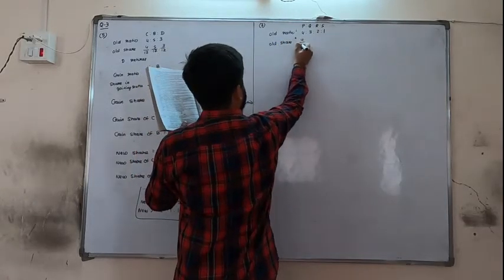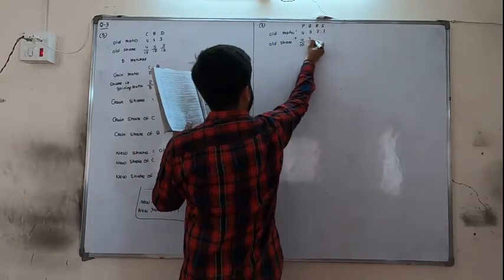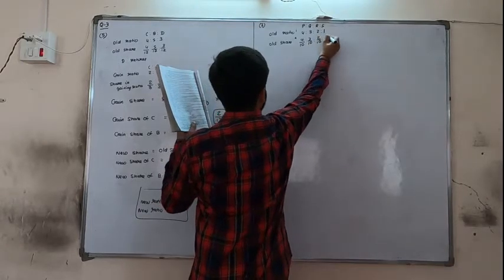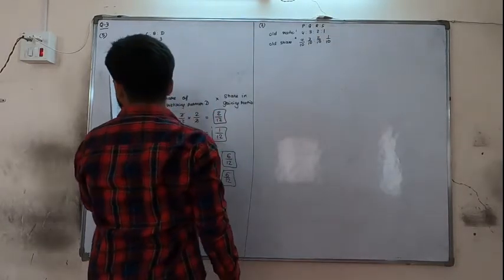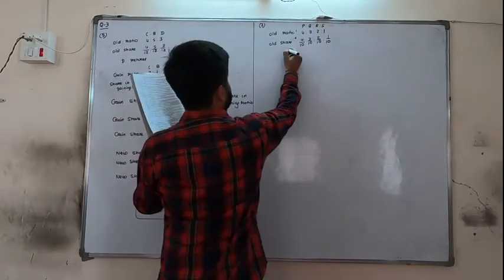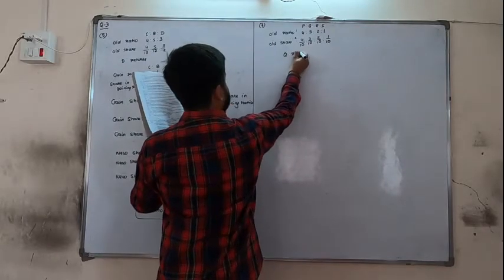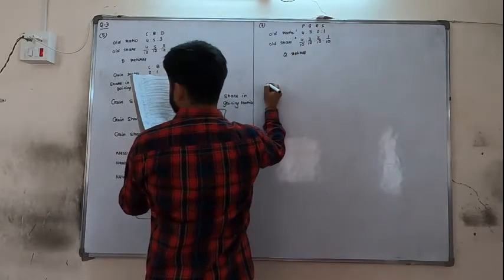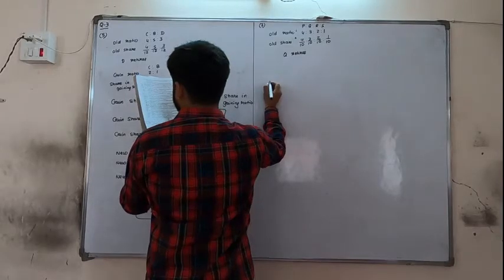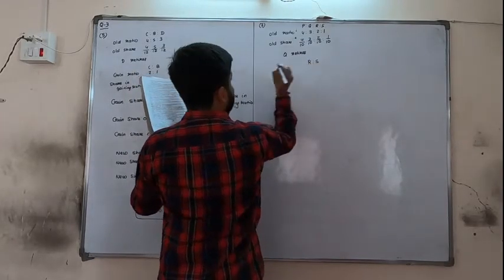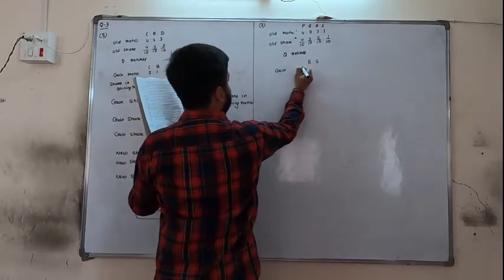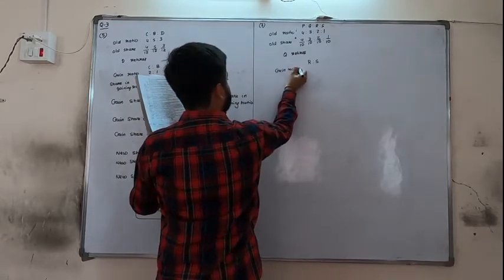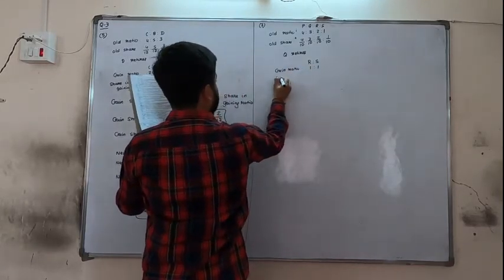Old share is 4/10, 3/10, 2/10, 1/10. Q is retiring. Now, what are they writing? Only R and S are gaining here. Gain ratio of R and S is 1:1.